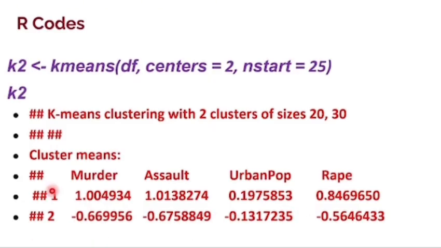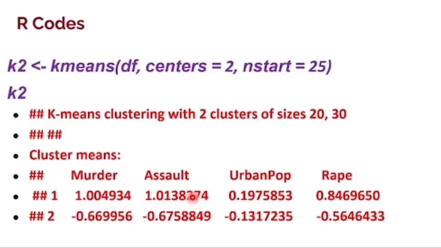So we have succeeded. We're going to have some states in group 1 and some states in group 2, and we're going to be using these statistics, which are common to all the states classified in a particular group. That's exactly what we mean. So here, K equal to 2.